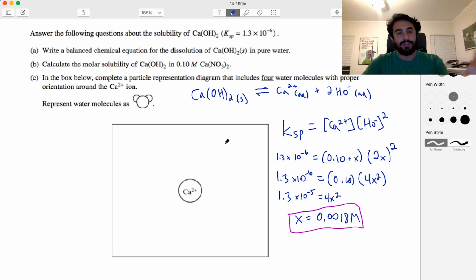Then lastly, they have this other little bit. In the box below, complete a particle representation diagram that includes 4 water molecules with proper orientation around the calcium 2+ ion. And this is how we're going to draw our water molecules. So the calcium, whatever calcium dissociates, we've got calcium 2+ ions. Those can only do so if they are solvated by water molecules, right?